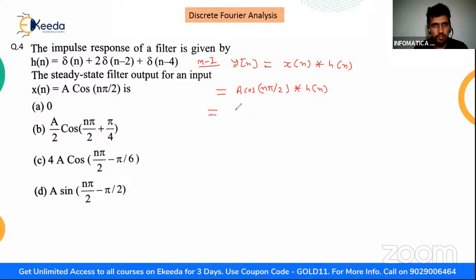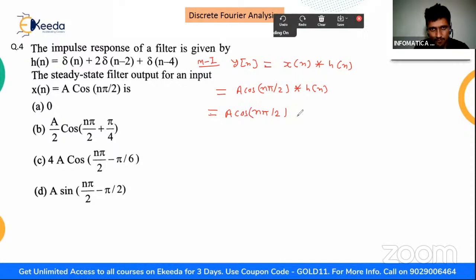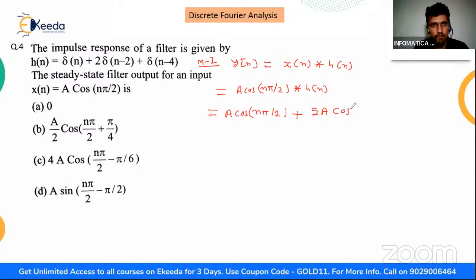If we convolve with delta[n], then we will get the cos(n pi by 2) signal as it is. Then in the second term, we will get 2a, and n will be replaced by n by 2, due to the convolution property of the impulse. So we will replace simply n by n by 2.